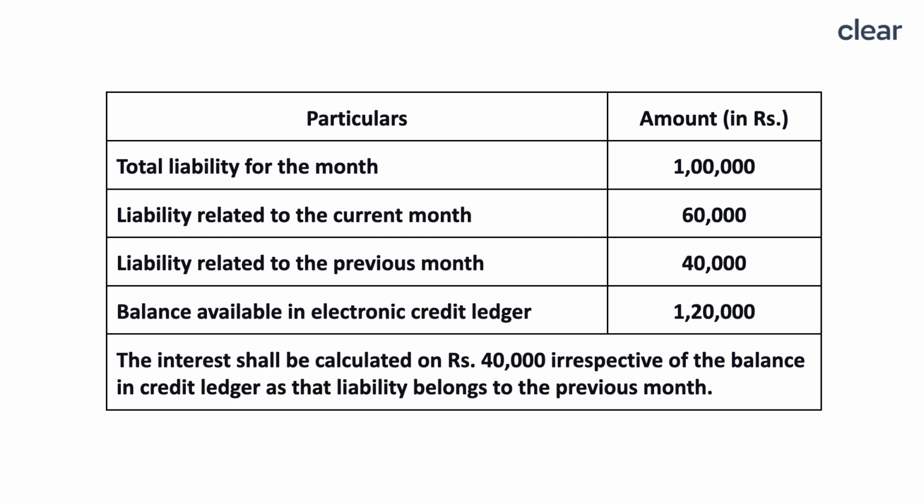to the previous month. But wait, GSTR-3B is a summary return and it doesn't provide any period-wise breakdown of the tax liability. How can the system decide and segregate the tax liability between the previous and current periods? Don't worry.